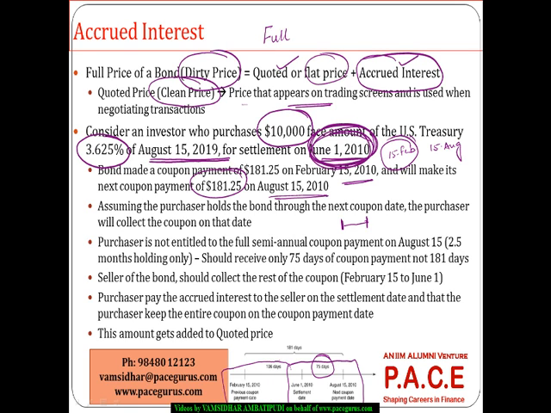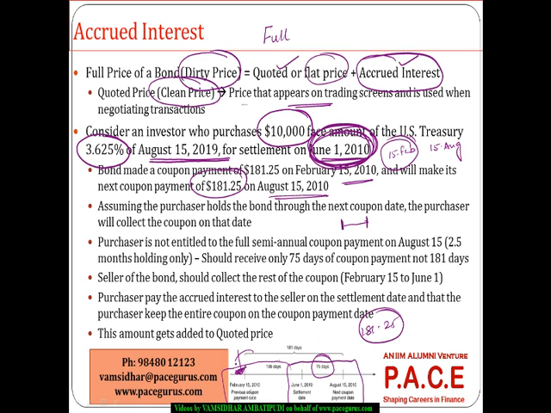But the original buyer, who is currently the seller for me, has held this bond. He is the owner of the bond from February 15th to June 1st. So he should be receiving the remaining portion of the coupon. Of the whole coupon of 181.25, I should not be eligible for all of it.